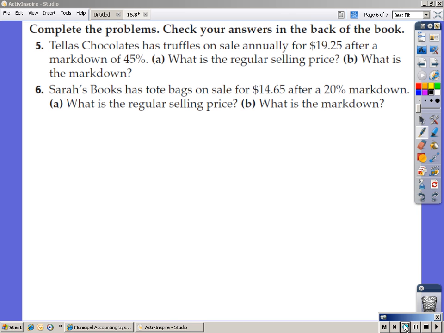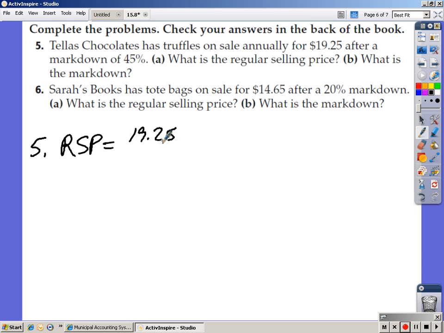Okay, so let's look at 5 and 6 here. Okay, number 5. Now, using the method that I do to find the regular selling price. Okay, and I'm just going to put RSP for regular selling price. Regular selling price is the sell price divided by the complement of the markdown. Well, the complement of 45% is 55%.